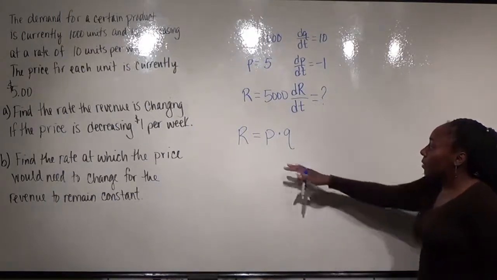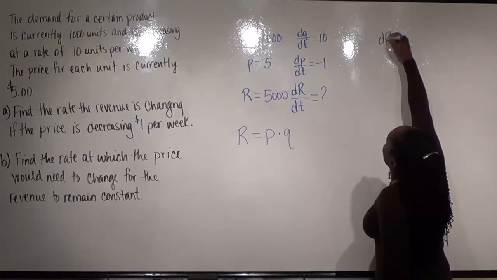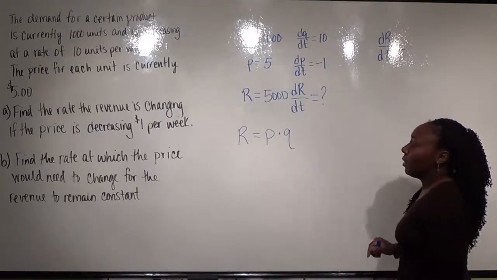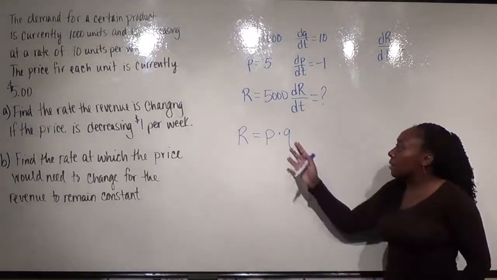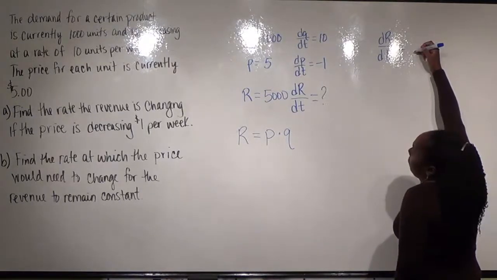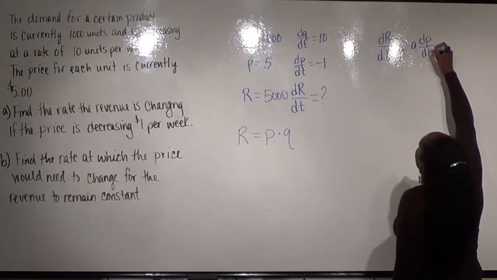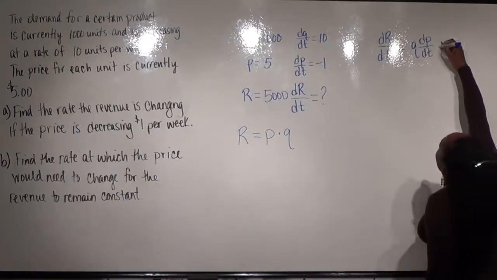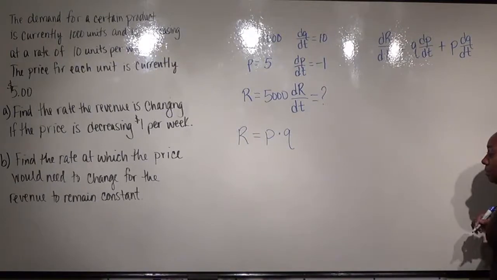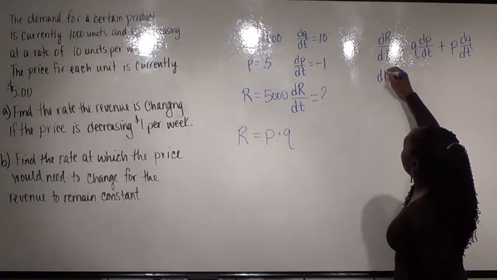So using this equation, we know that dR/dt, taking our derivative everywhere, is going to be, well, here we've got a product rule. It doesn't quite look like that, but again, if you think it's with respect to time, we would get the derivative of the first, which is just 1, so Q dP/dt, so again, we've got to take it implicitly, plus P times the derivative of Q. dR/dt is what we're looking for.